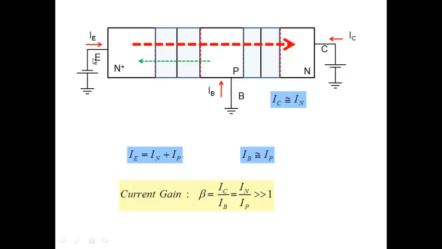Can we see that IC would depend a lot on the emitter voltage? Because what is the source of IC? The electron current that you see here. Where did this electron current come from? It comes from injection from the emitter. And what did we say? It's a forward bias junction. How does the electron current change with voltage? Exponentially.